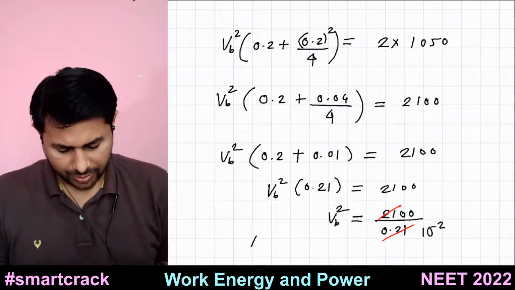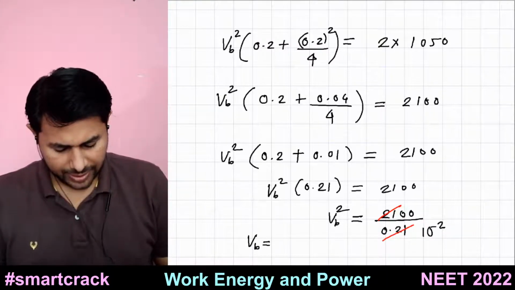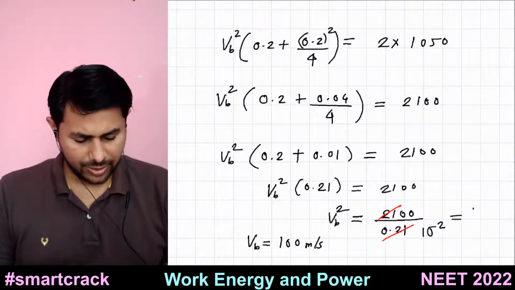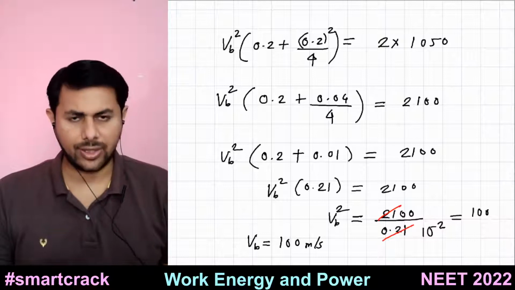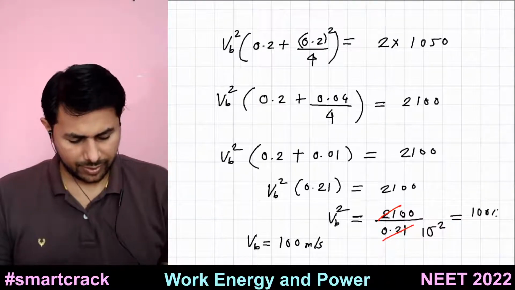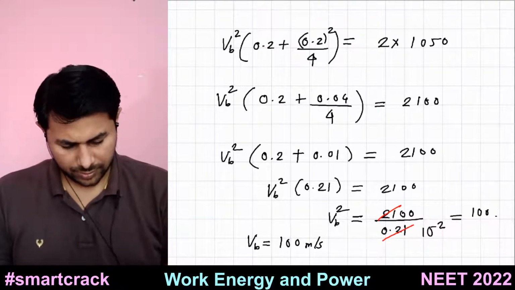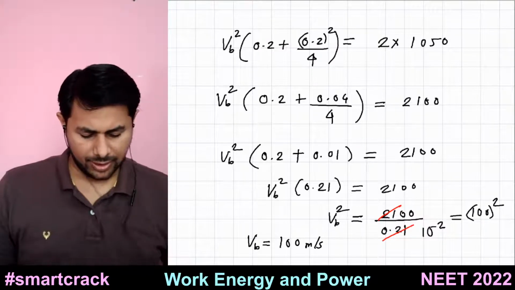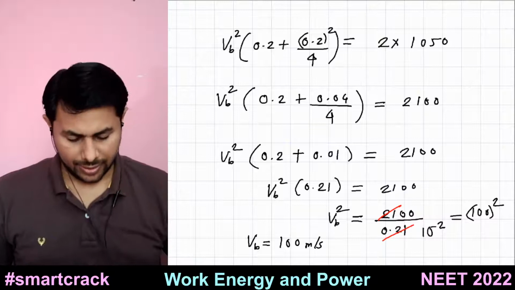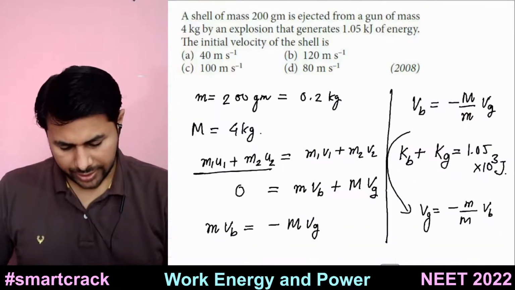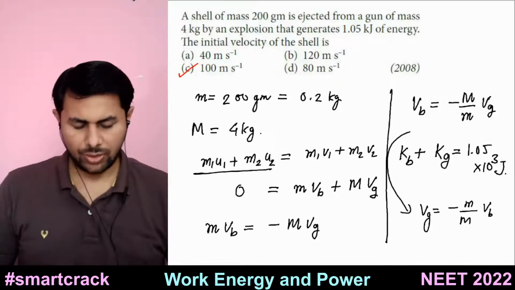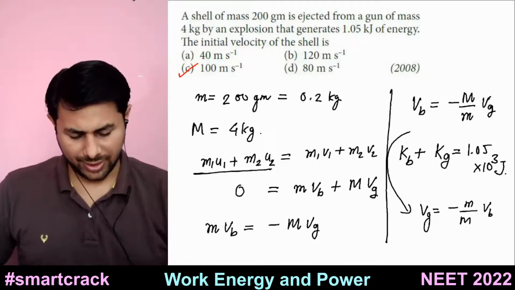We want the velocity of bullet, which is the square root of that, and that is 100 meters per second. So velocity of bullet is 100. It matches with option C, so option C is the answer.